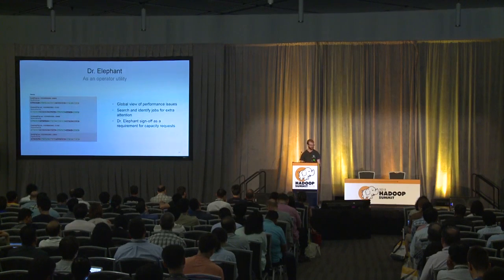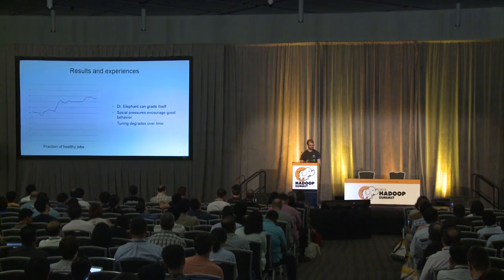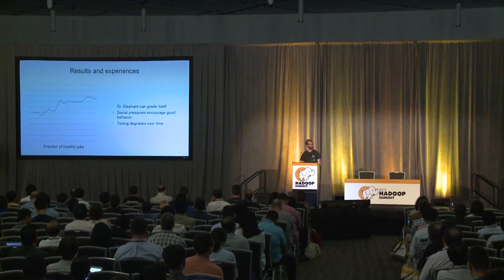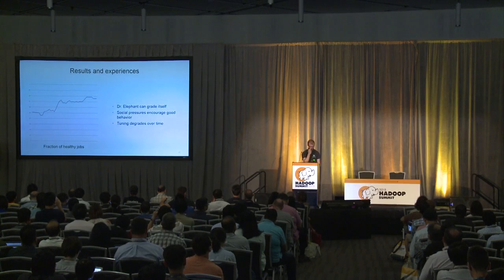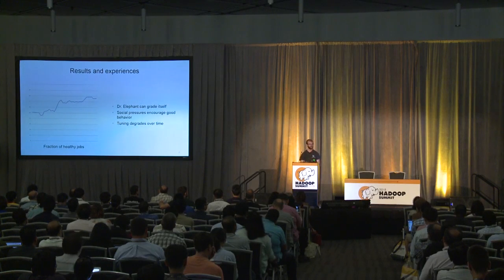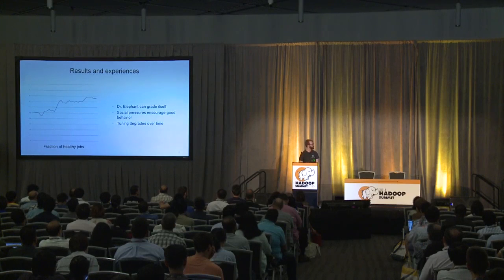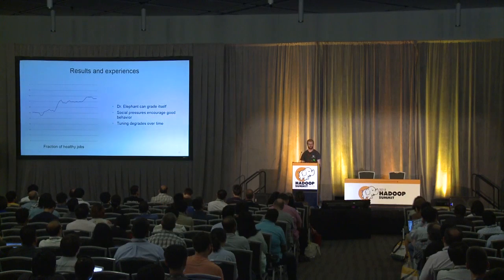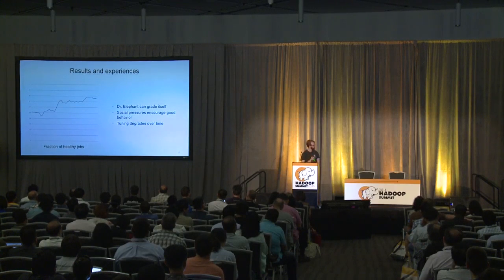So we've had Dr. Elephant internally for a little while now, about a year actually. One of the things that's really cool about Dr. Elephant is that because it tracks the health of the cluster, and its goal is to improve the health of the user workload on the cluster, we can actually see over time how things are doing. The graph on the left is over a period of about a year.